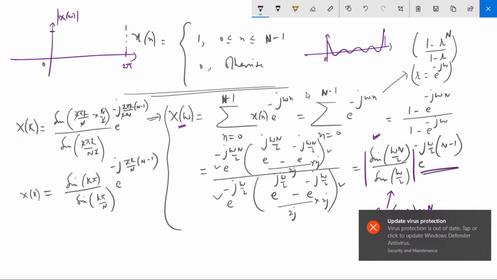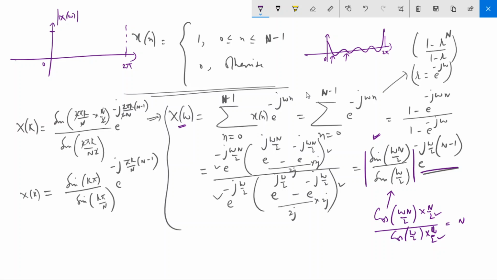Between 0 to 2 pi you have some zero crossing points depending upon what N is, but when you take the magnitude response you are getting only the positive values, so it will become like this in the magnitude response.